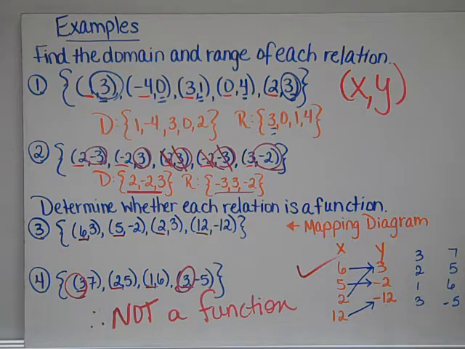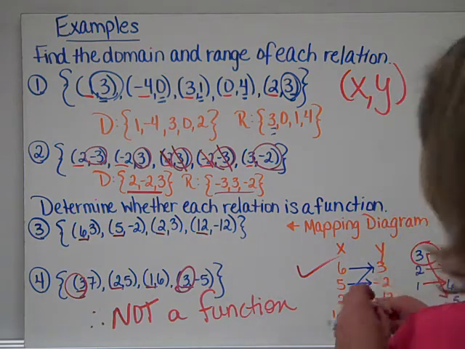So I can see that the 3 is being mapped to the 7, the 2 is being mapped to the 5, 1 is being mapped to the 6, and then the 3 is being mapped to the negative 5. So I know right here that I have this 3 being mapped to 2 y's. That is not a function.